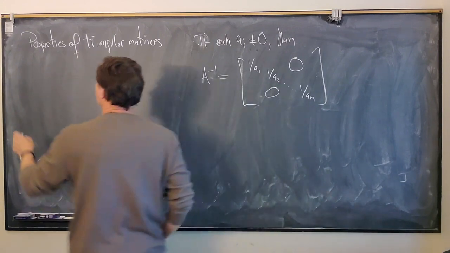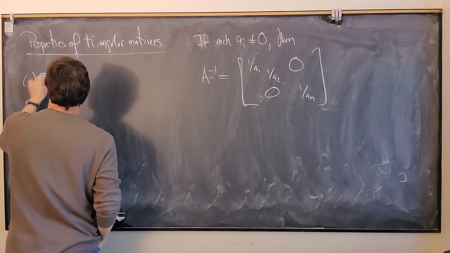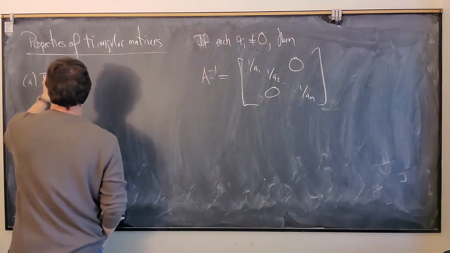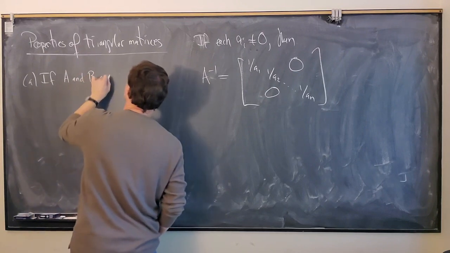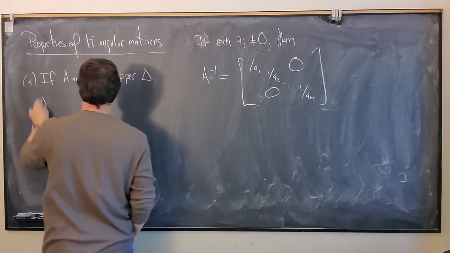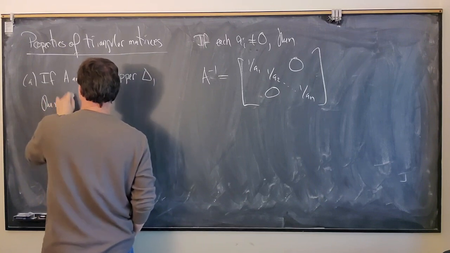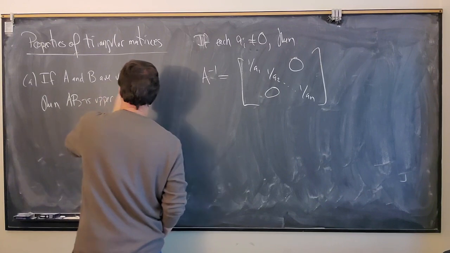First property, and you can check each one of these. I'm not going to go through the proof, but if A and B are upper triangular, then AB is upper triangular.